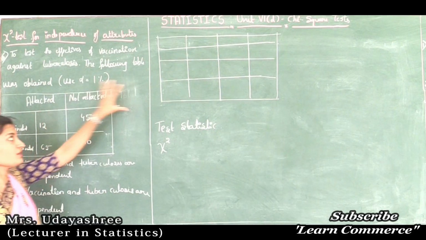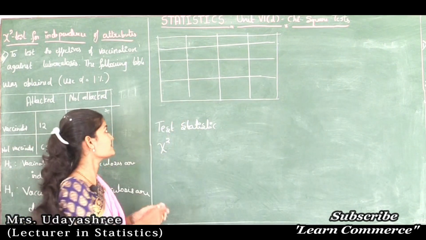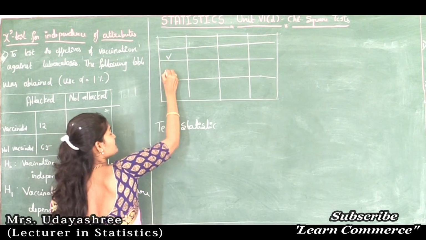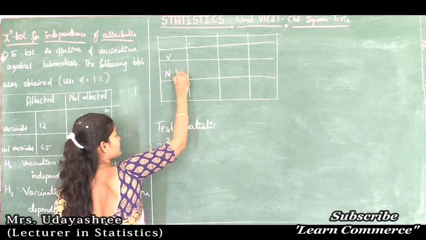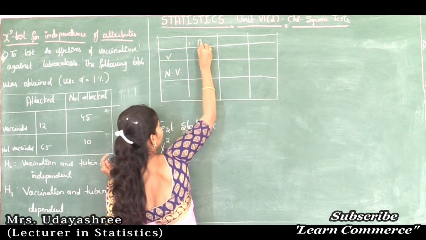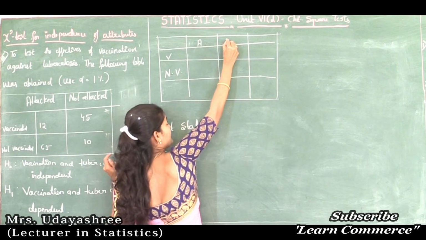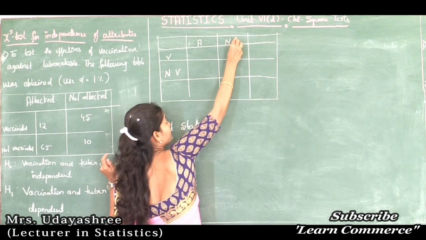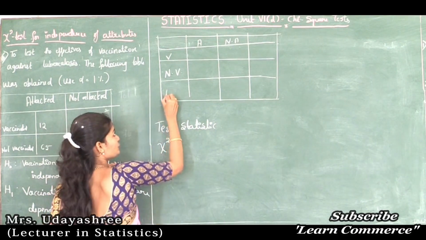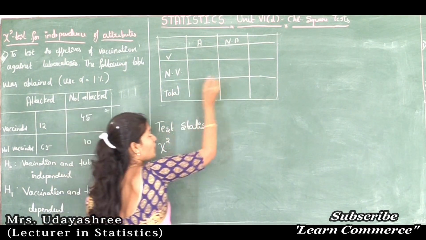I will write that information in a 2x2 contingency table. This column is vaccinated, I will write V. This is not vaccinated, NV. Here attacked by tuberculosis, I will write A. This is not attacked, NA. This column is total and this row is total.